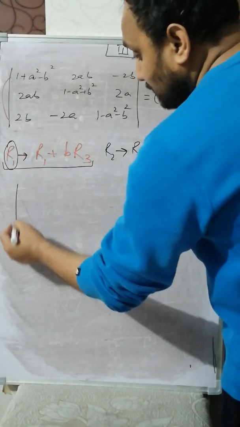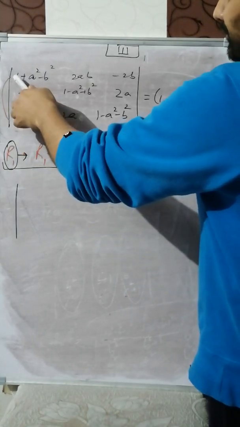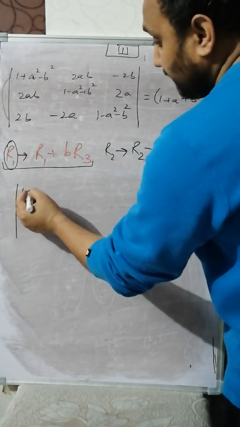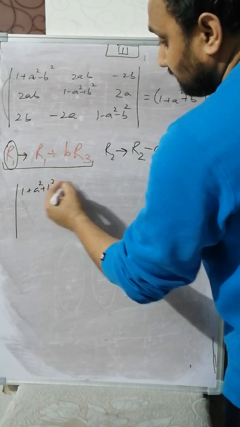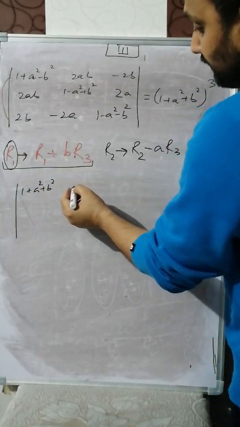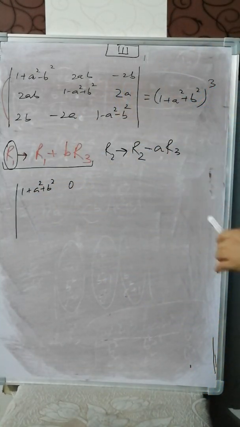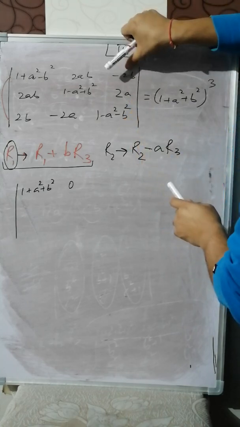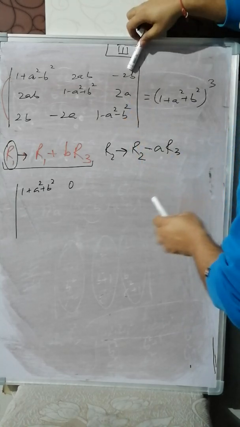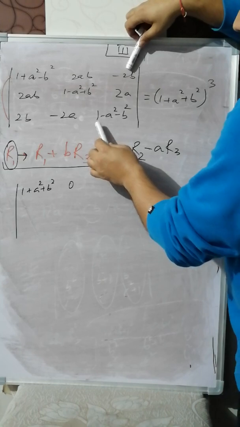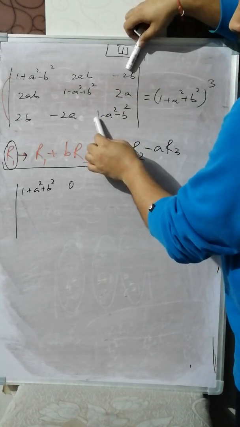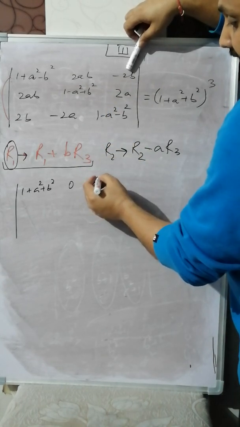So when you apply this, what do you get on the left hand side? So here you get 1 plus a square plus b square, and here what you get is a 0. This will be interesting. So what do you get here is, this is -2b, right? And here multiplied it with b. Okay, -2b plus b is -b, right?